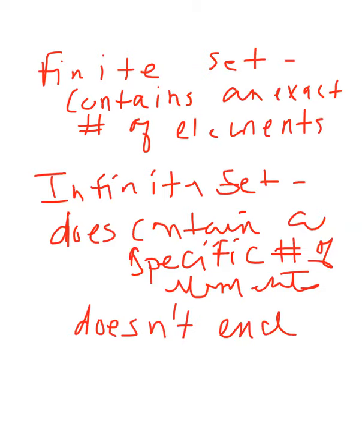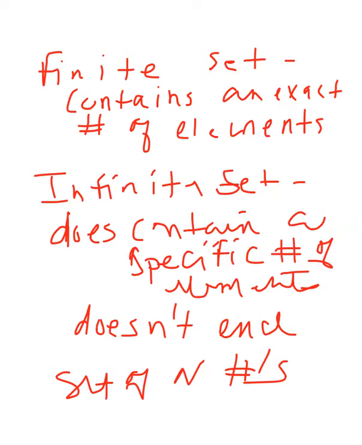Here's an example. The set that we've been talking about, the set of even numbers less than 10, is a finite set because we know precisely how many elements we have in there. It has an exact number of elements, in that case 4. But if I were to ask you for the set of natural numbers, that one would be classified as an infinite set because the natural numbers keep going on and on forever and ever.